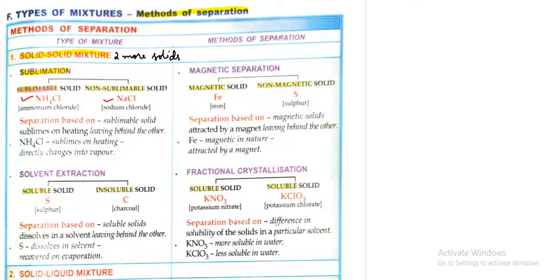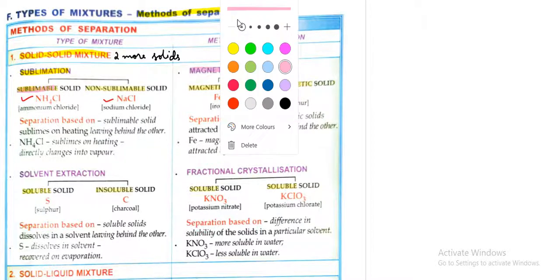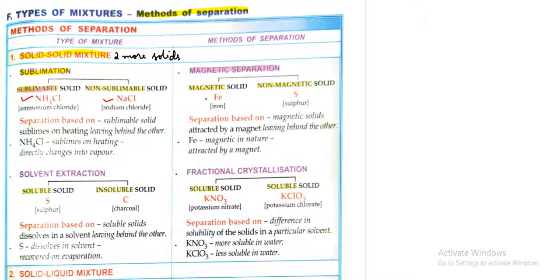The next method is magnetic separation. In this, one substance will be magnetic and another one will be non-magnetic. Magnetic means it is attracted by a magnet. For example, iron is a magnetic substance, but if iron is mixed with sulfur, sulfur is a non-magnetic substance.